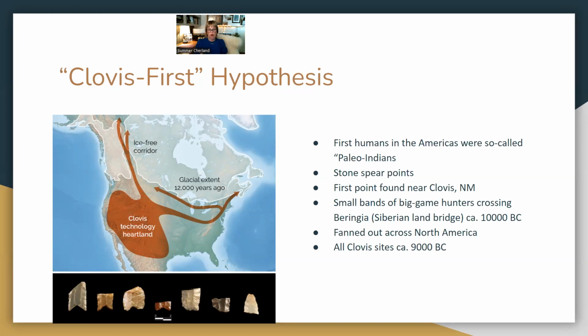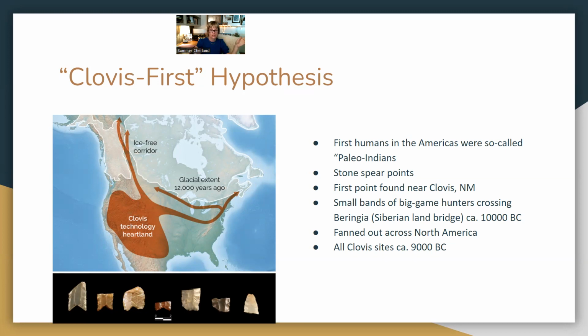Historians believe these are small bands, so small groups, not large civilizations of people, but smaller groups of big game hunters. So they hunted woolly mammoth type animals, you know what I mean? Historians believe they crossed Beringia, the Siberian land bridge, circa about 10,000 BC.